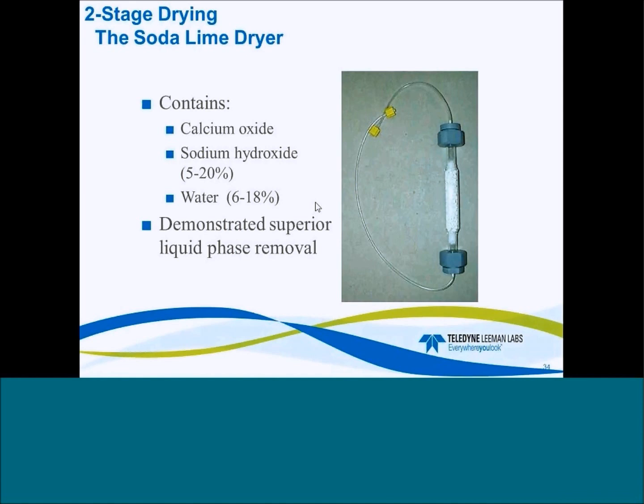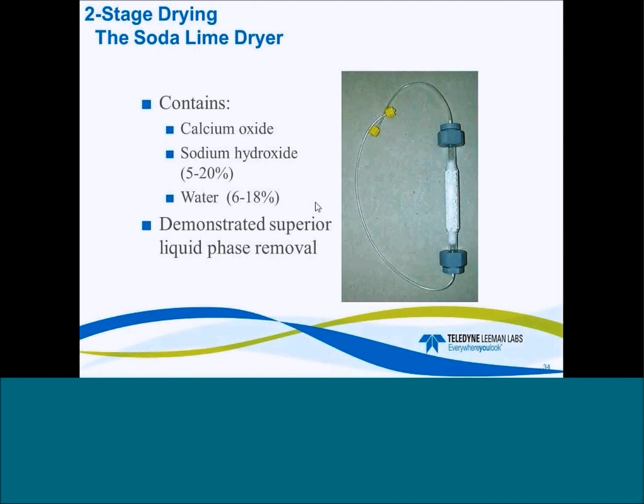For us, we try to overcome that using two-stage drying. We use a soda lime dryer, which is required by method 1631 to take out moisture, and it also does a very good job if any liquid does come out of the gas-liquid separator of capturing that before it gets into any of the other components in the system.